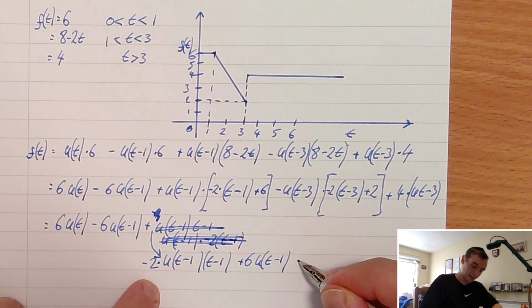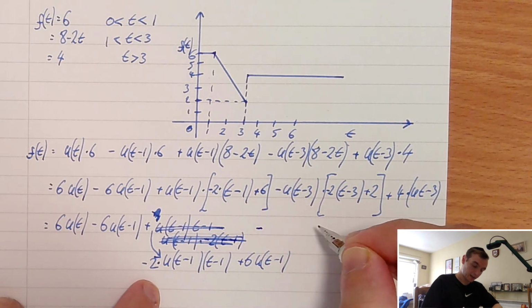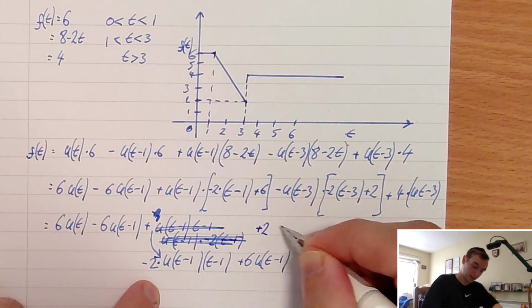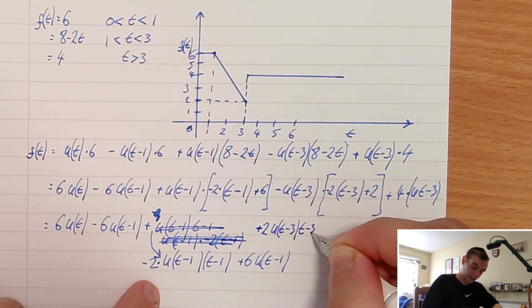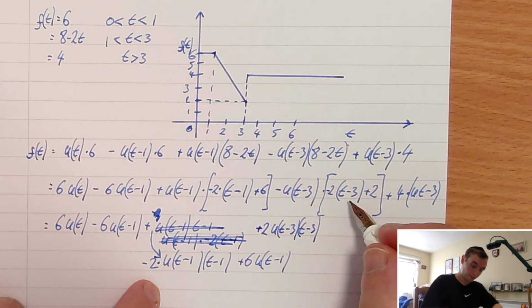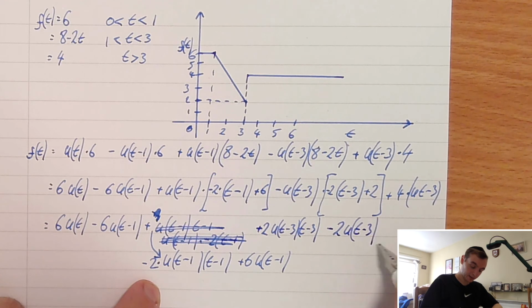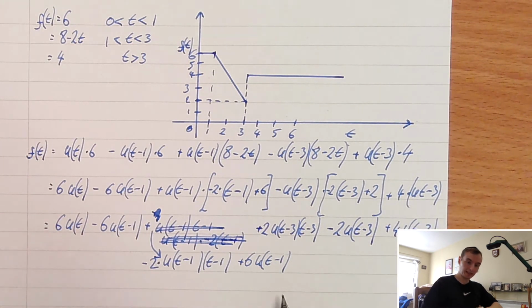And then we'll have the minus, minus, so that's going to be plus 2u(t minus 3) times (t minus 3) minus 2u(t minus 3) plus 4u(t minus 3). Okay, I think that's right.